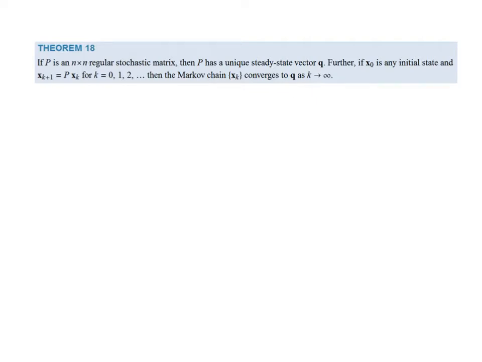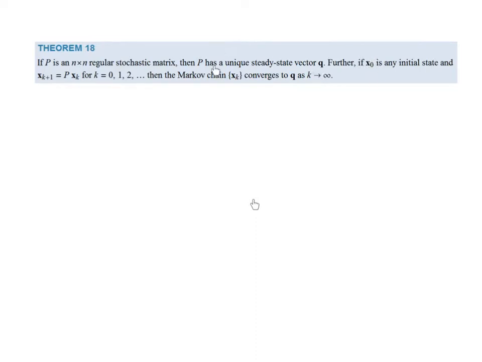All right, so a couple things about this theorem. If P is this regular stochastic matrix, then it has a unique steady state vector Q. That Q is connected to the matrix P, not the initial state, not the initial condition. And that's kind of a cool thing. So it doesn't matter how the distribution looks at the beginning.